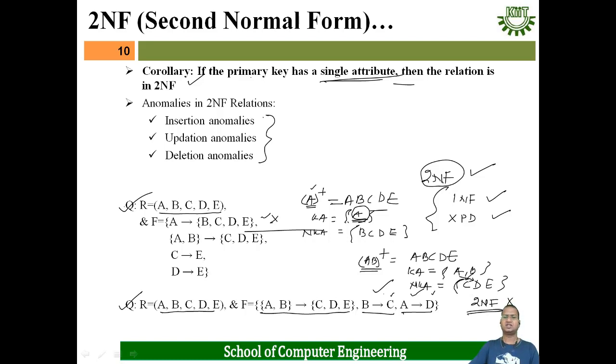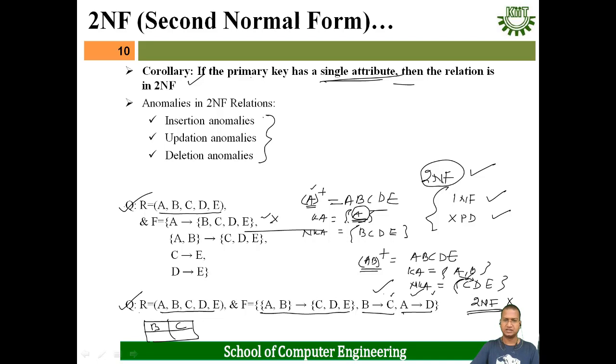Okay, then how to convert it into 2NF? We have to take the conflicting functional dependencies. That means the partial dependencies present are B determining C and A determining D. That's why I have to take one table for B determining C, with B, C in one table.